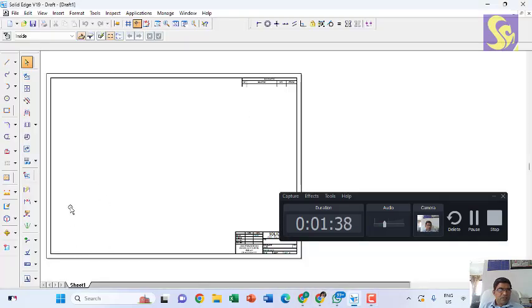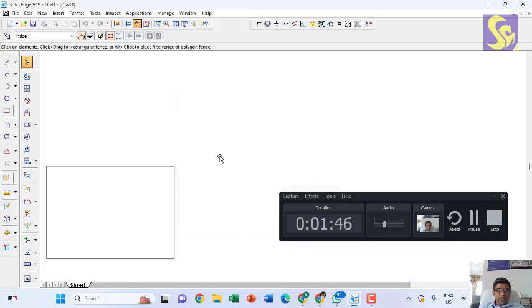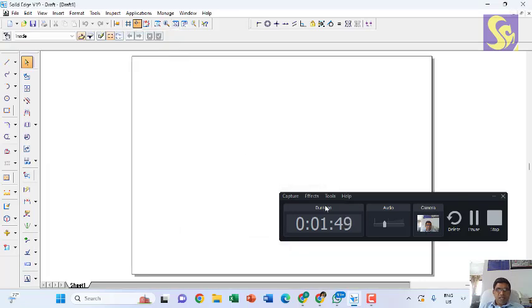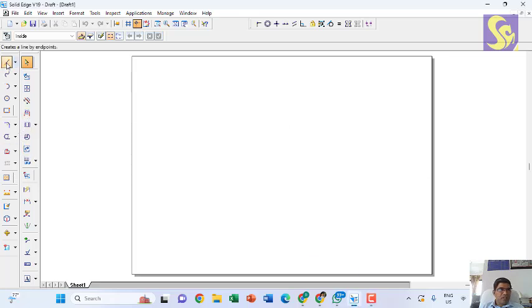I'll open Solid Edge and do the sheet setup. As usual I'll have the XY line drawn.